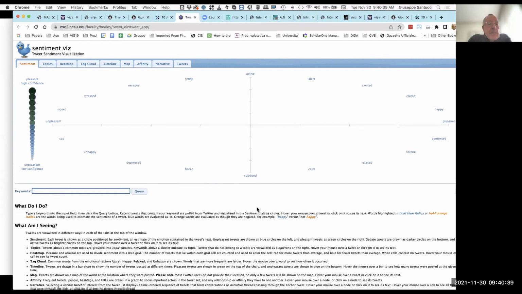Here there is a sentiment analysis on tweets in real time, and the sentiment analysis is very simple. It's just between active and not active, and the tone is pleasant or unpleasant, and there is also the confidence about what you get. For instance, you can go for a search like visual.